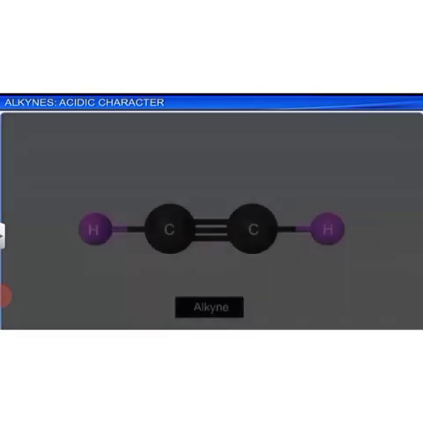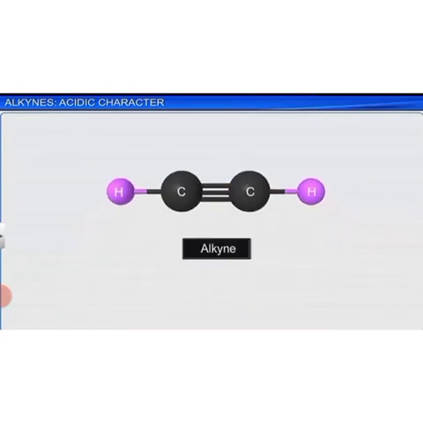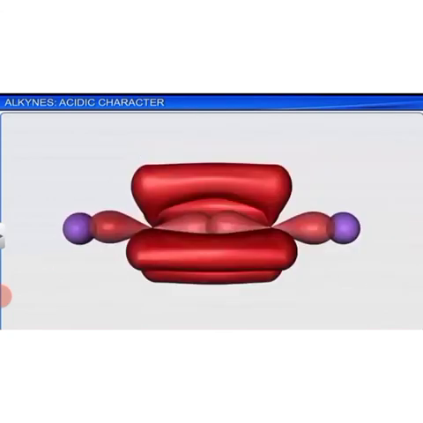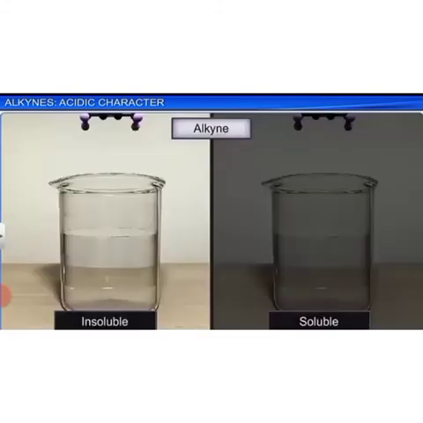The C-H bond is attached to the carbon atom with the triple bond in alkynes. Alkynes exhibit some polarity, unlike alkanes and alkenes, which are non-polar. This is because the C-H bond in alkynes is slightly polar due to the sp hybridization of carbon. As alkynes are largely non-polar and water is polar, alkynes are water insoluble.